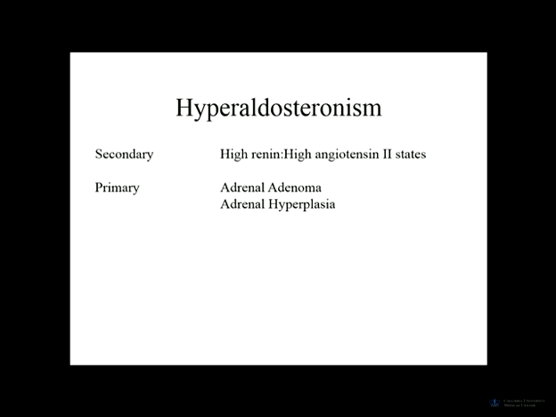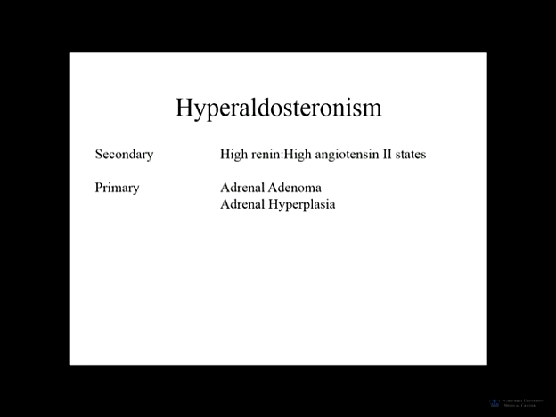So finally, let me tell you a little bit about aldosterone in the last few minutes here. Hyperaldosteronism can be classified into secondary hyperaldosteronism, which is what we have been talking about most of the time. Secondary hyperaldosteronism is when the adrenal gland, which produces aldosterone, is responding to some stimulus in the body.